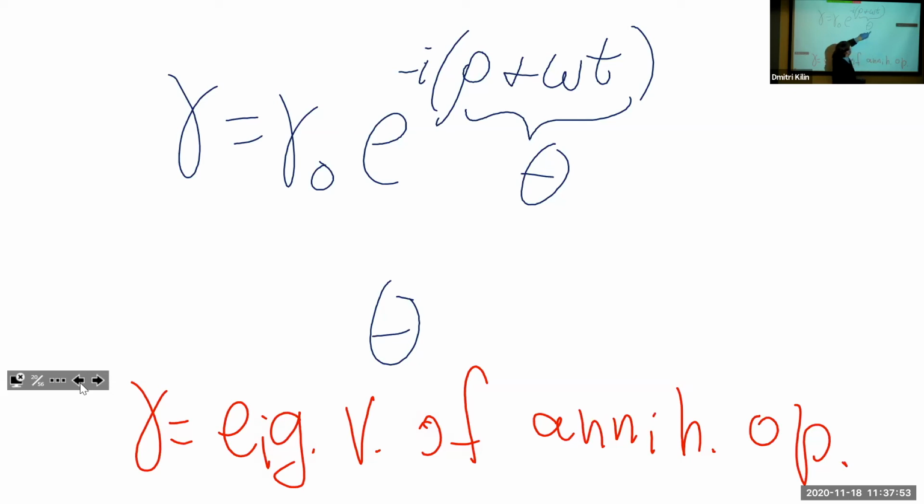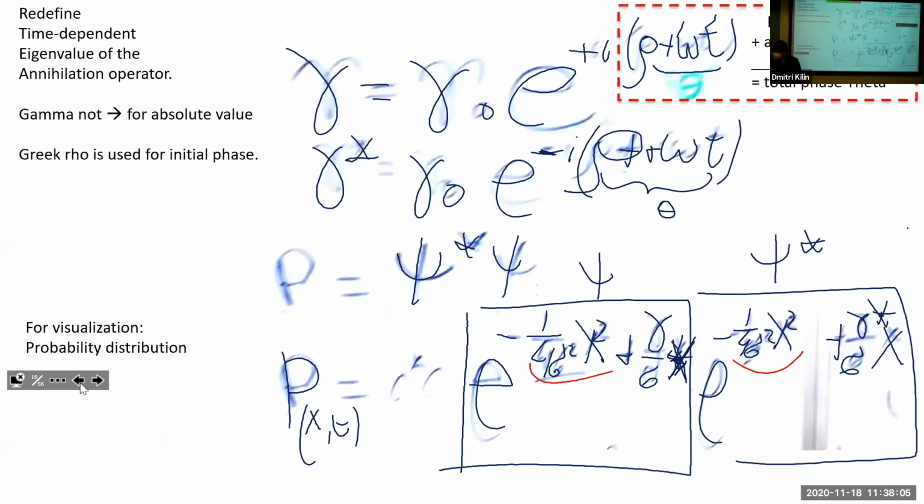And sometimes if I want to replace four symbols by one, I will use the letter theta as a time-dependent phase. So gamma without star is gamma naught e to the power i rho plus omega t. For gamma star, we just place the minus sign in front of it.